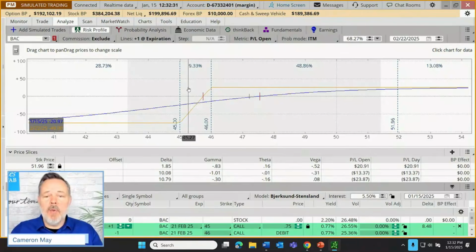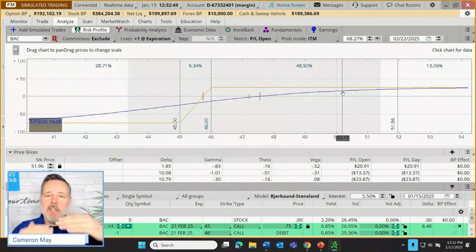But it's not the only determinant. Time is a determinant. And actually, Frankie, time we've built into this the trading assumption when we change the date down here. It's actually the time decay that changes the profit and loss reward potential of the trade. Let me talk about that.